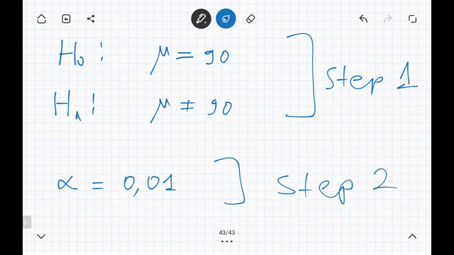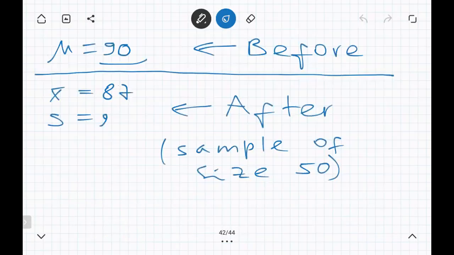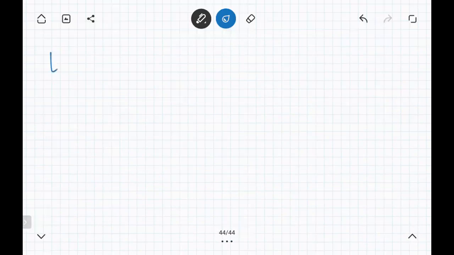So the next thing, step 3, would be choosing the test statistic. I see that I don't know the population standard deviation, but I know the sample standard deviation. And that means that I will use the t-statistic.